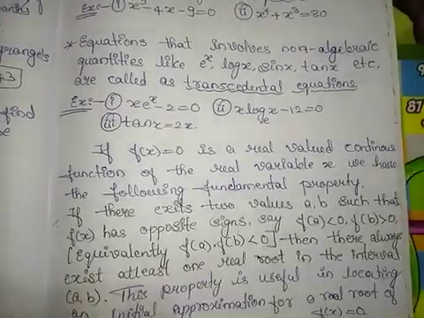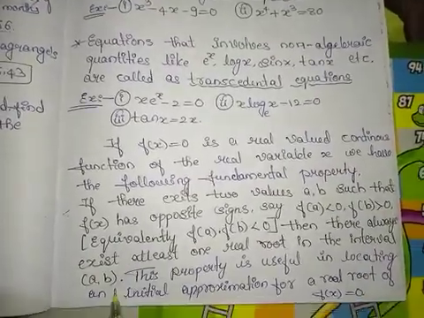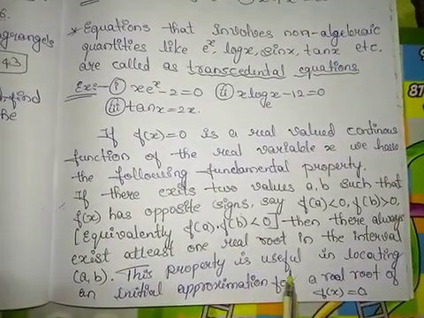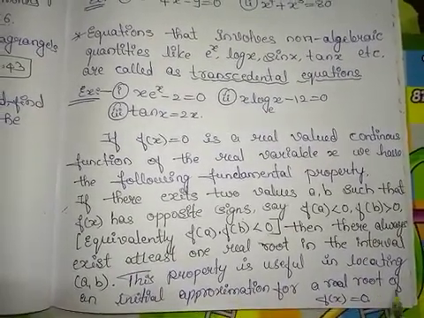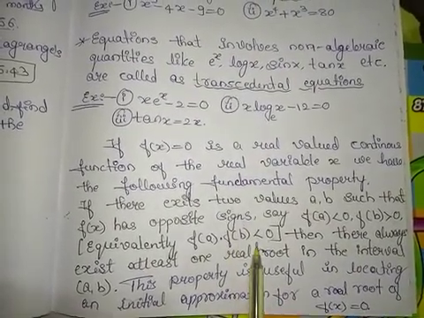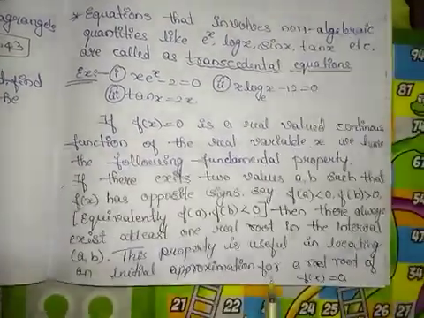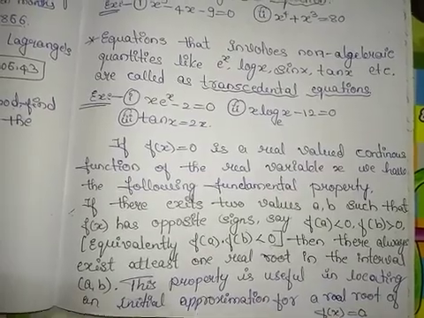Then there exists at least one root in the interval, that is a, b. In this interval we get at least one root. This property is useful in locating an initial approximation for a real root of f of x is equal to 0. This property is useful for what? For locating an initial approximation for a real root of f of x is equal to 0.